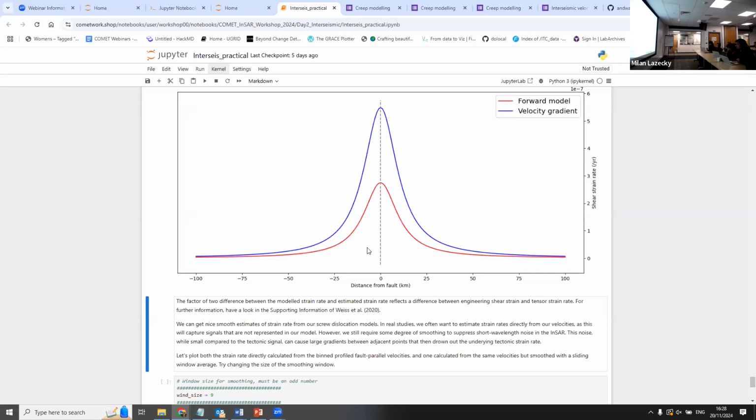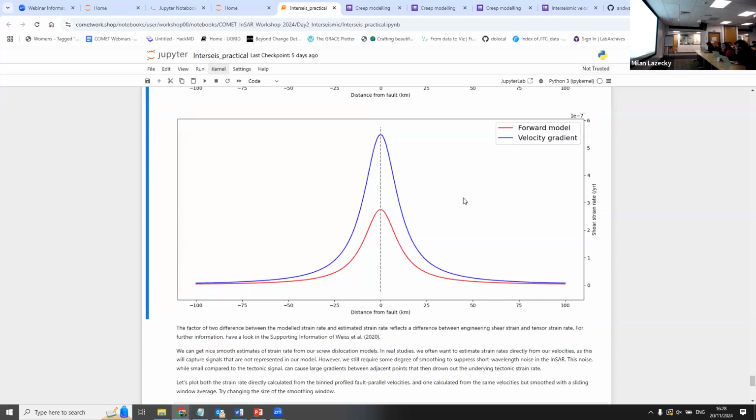You can get more information about this difference from the supporting information of this paper. Normally, the magnitude of the forward model times 2 will be similar to the shear strain rate calculated from velocity gradient. But no matter which way we use, the high shear strain rate focuses on the fault. So that is very important.